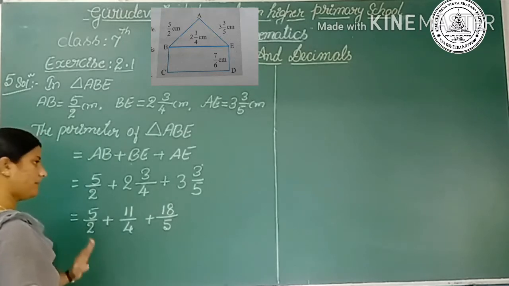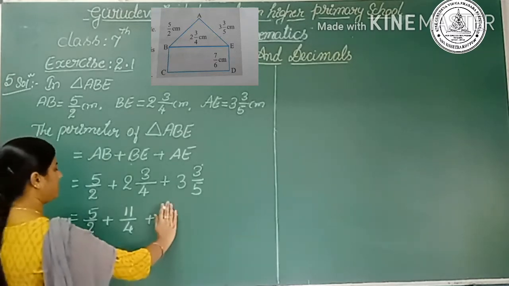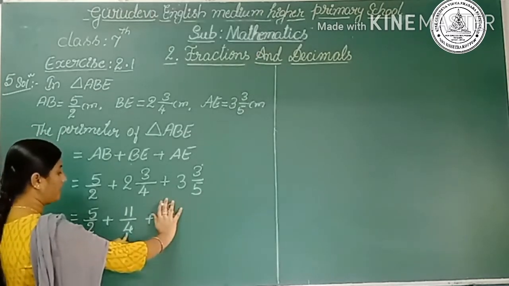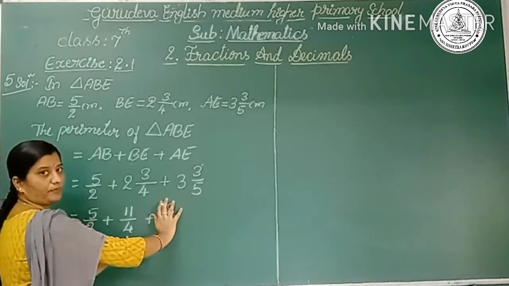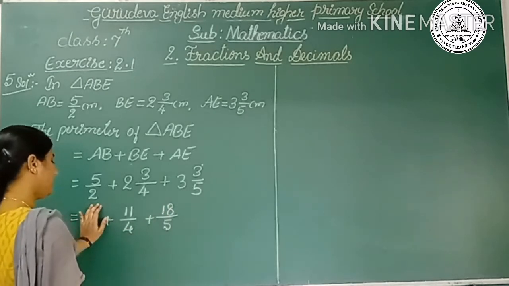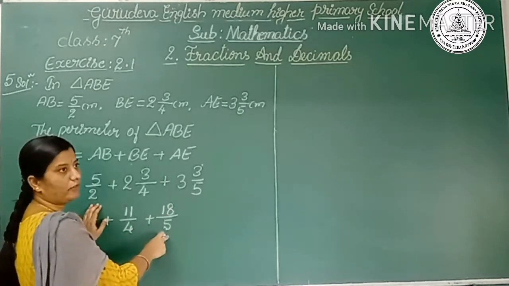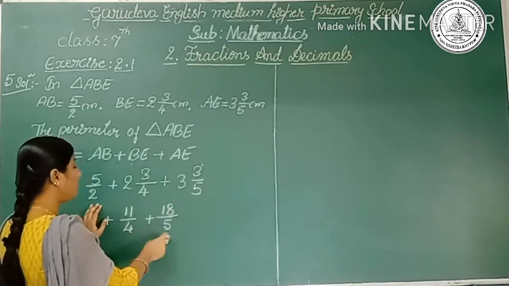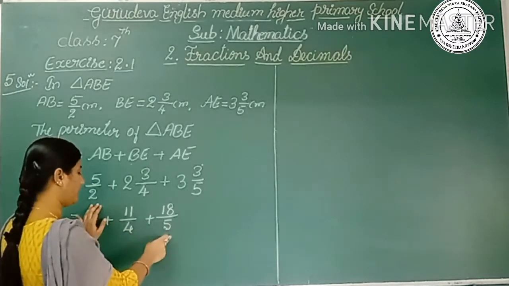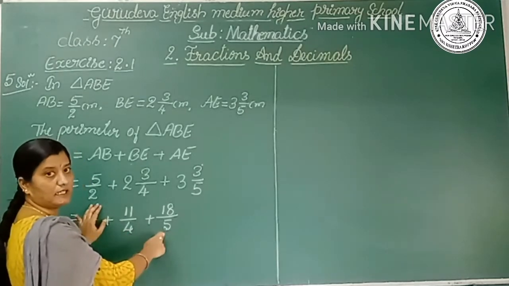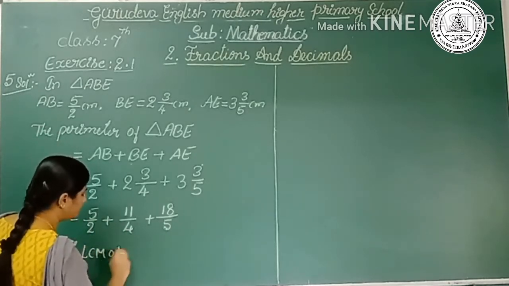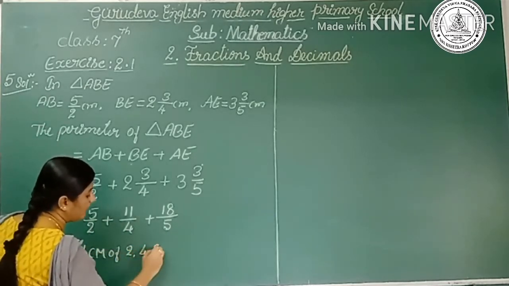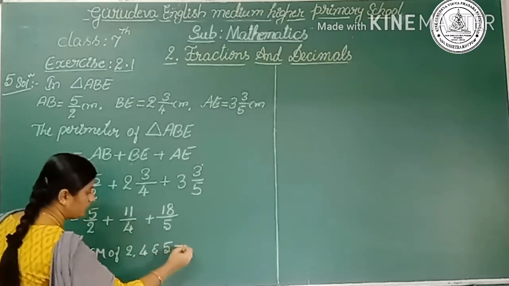Here 4 is a multiple of 2, so the LCM of 2 and 4 is 4, right? Now observe 4 and 5. 4 and 5 are co-prime numbers, so the LCM is their product, 4 fives are 20. So let's write directly: LCM of 2, 4 and 5 is equal to 20.